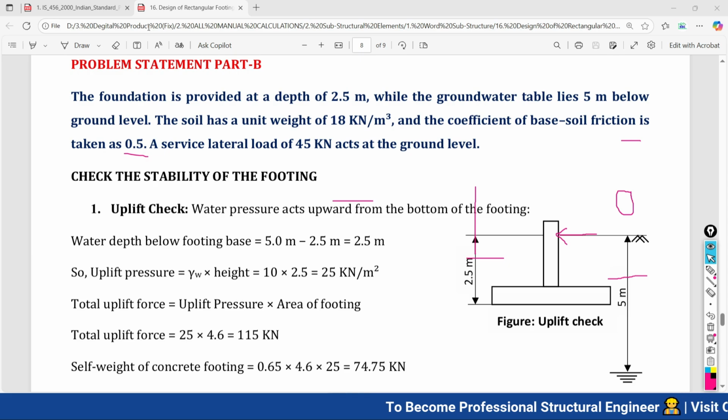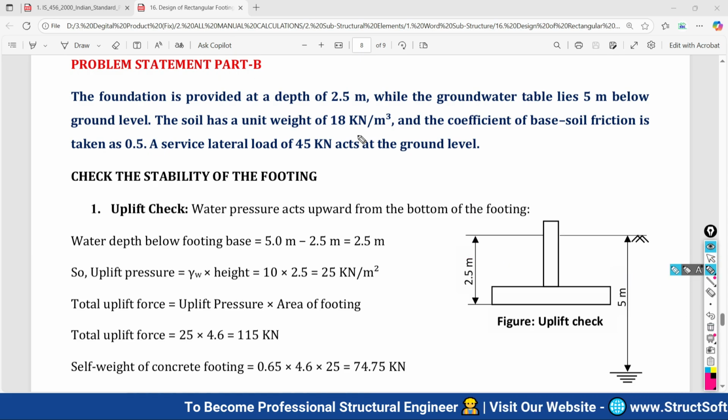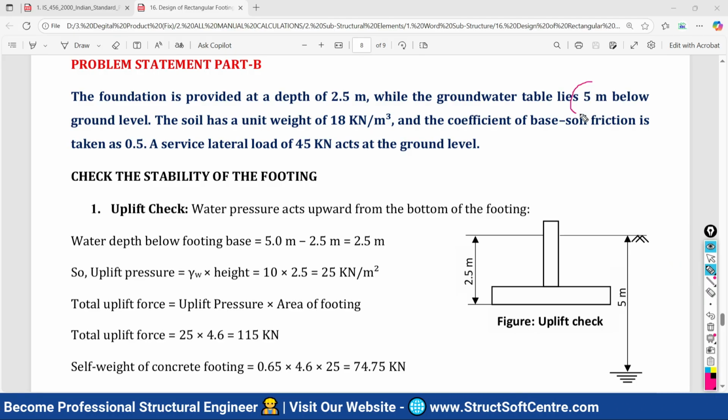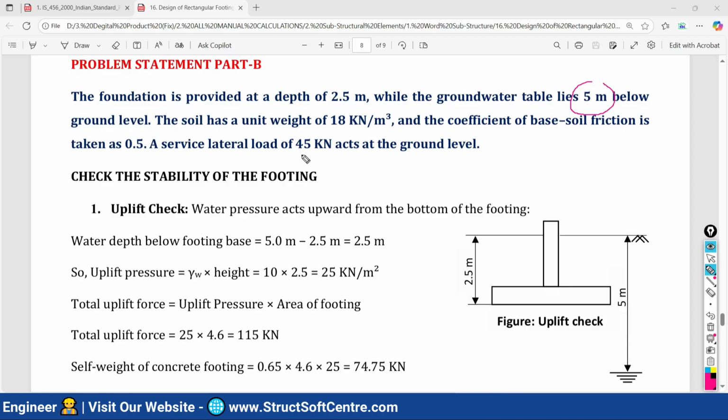But if you look at part B, there are two new things. One is the water level below the foundation and the lateral load, that is 45 kilonewton, acting at the ground level. Along with this the frictional coefficient is also given. Why has all this been given?